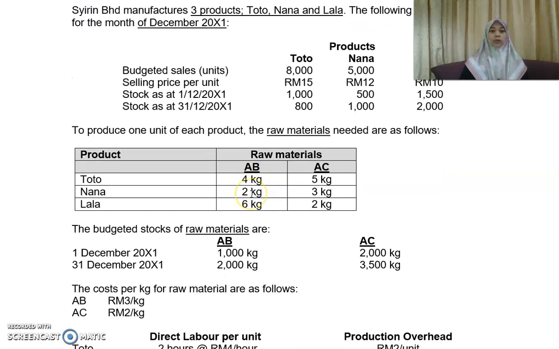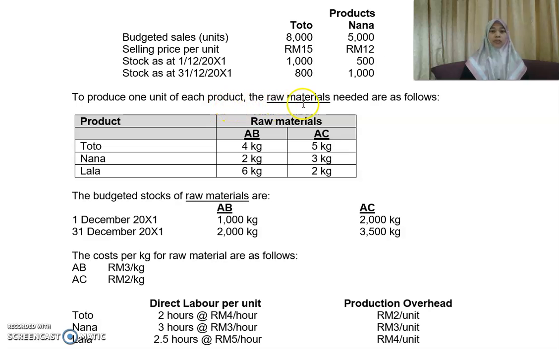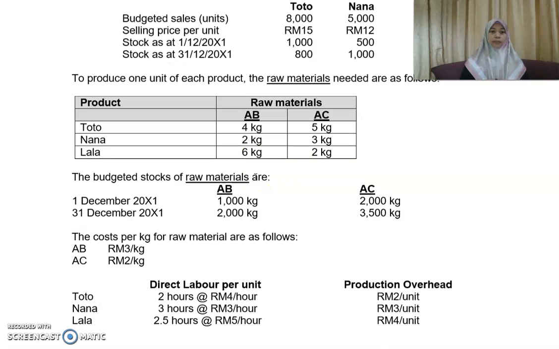To produce 1 unit of each product, the raw materials needed are as follows. You need AB and AC to produce 1 unit of Toto. You require 4 kilograms of AB and 5 kilograms of AC. Next, for Nana, 2 kilograms of AB and 3 kilograms of AC, and so on.